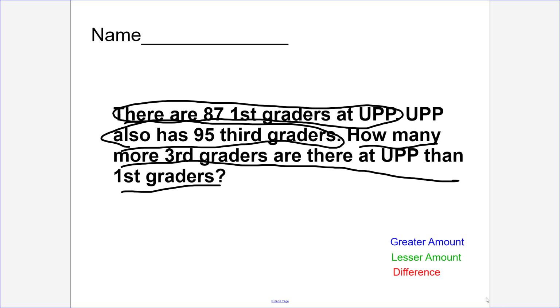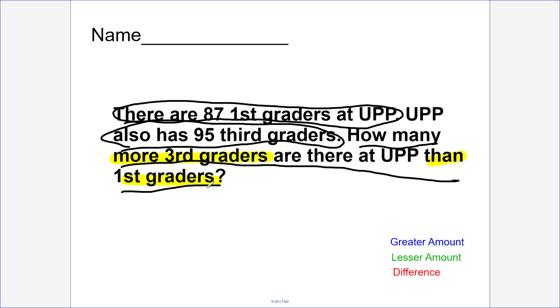Third grade, read through this problem again to yourself. I want you to think, what are the comparison words, the difference words that show we're comparing two amounts? Yes, the difference words that show we're comparing two amounts are that there are more third graders than first graders.